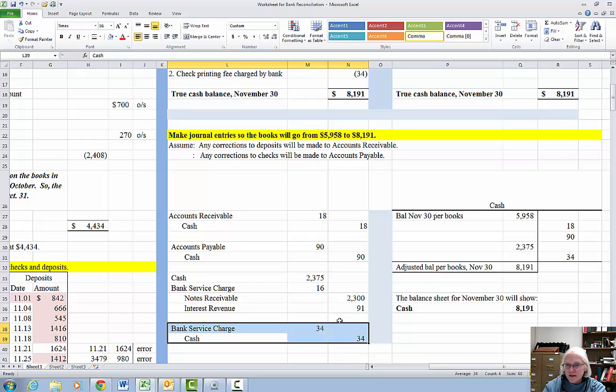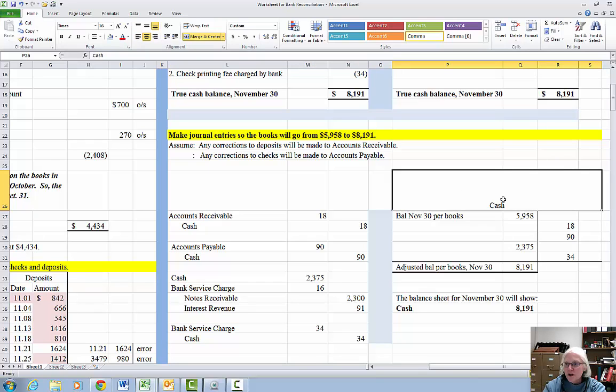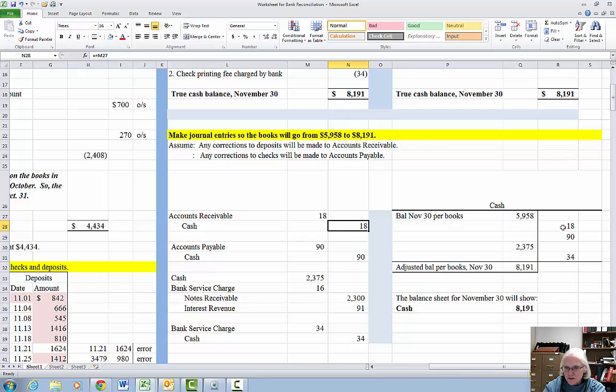Okay, next step, we need to post it to our cash T account. Balance per books, $59.58. Post the $18 we made in our journal entry. Post the credit of $90. Post the debit of $23.75 and the credit of $34 and run a new balance.